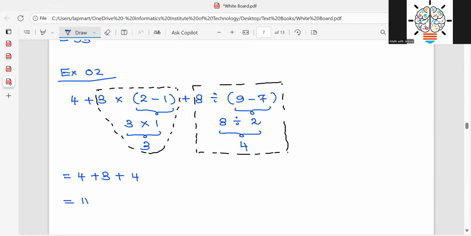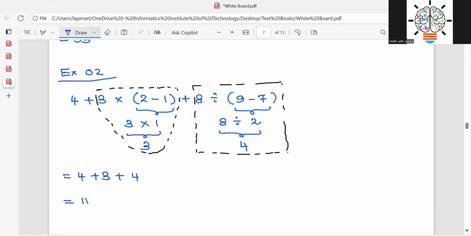So you do them and then you check what you have in front of the bracket and simplify that portion also. So then you write the final version for plus 3 and plus 4, because the whole first portion gives me the answer 3, and the second portion gives me the answer 4, right?